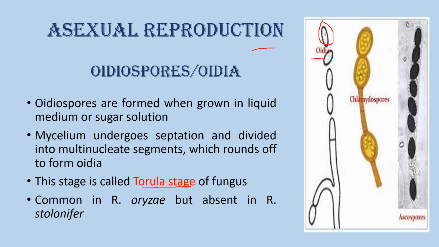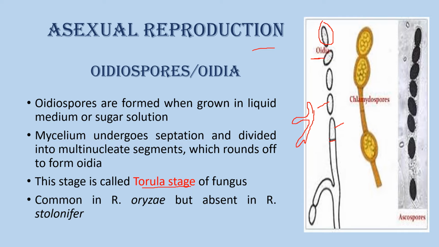These yeast-like bodies are formed when the fungal hypha, under very high nutrient conditions, undergoes septation, and each septated portion separates and gives rise to a new highly branched fungal mycelium.